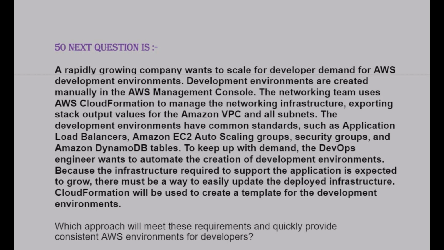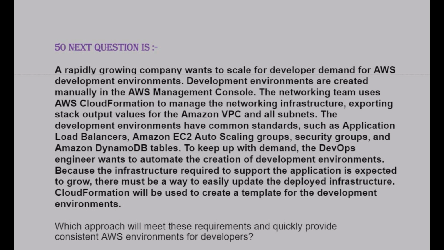Question is, a rapidly growing company wants to scale for developer demand for AWS development environments. Development environments are created manually in the AWS Management Console. The networking team uses AWS CloudFormation to manage the networking infrastructure, exporting stack output values for the Amazon VPC and all subnets.